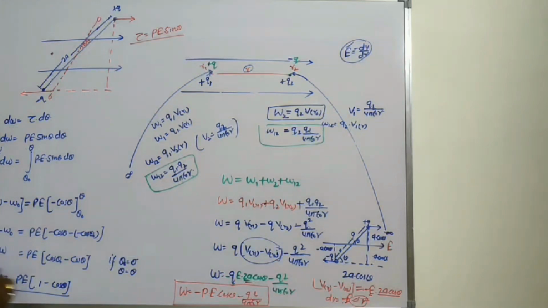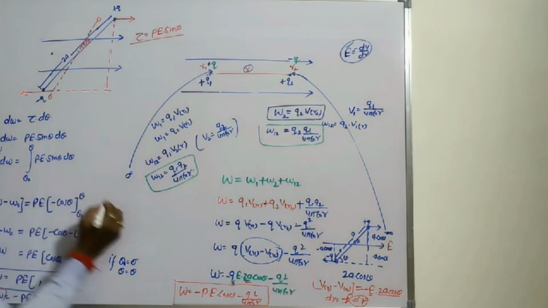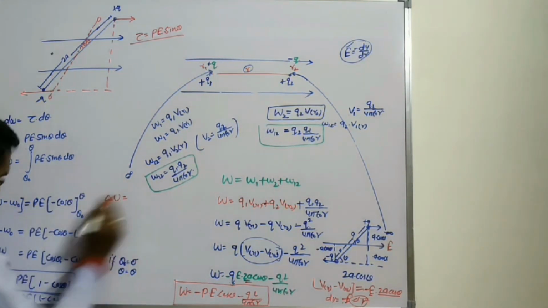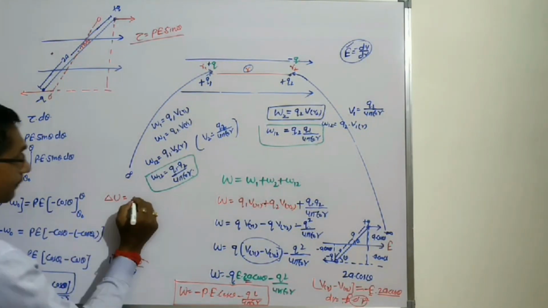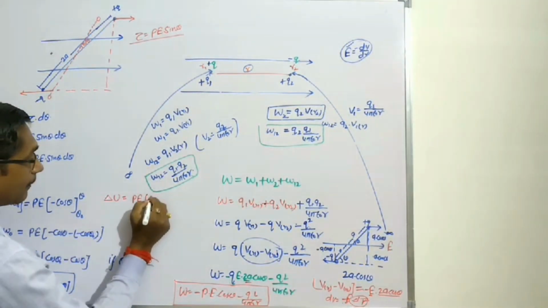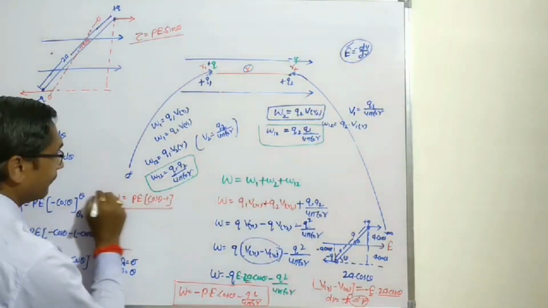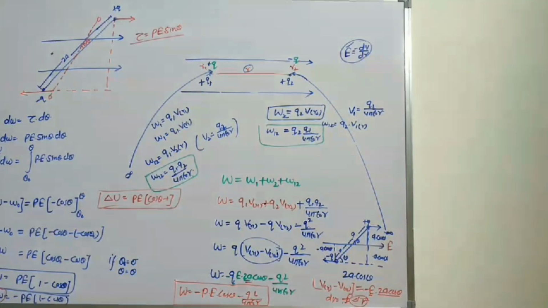And the potential energy equals the negative of the work done. That's why we say minus dW, minus PE (1 minus cos theta). So this is delta U, which equals PE (cos theta minus 1). This is the potential energy.